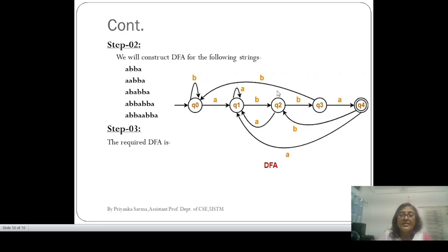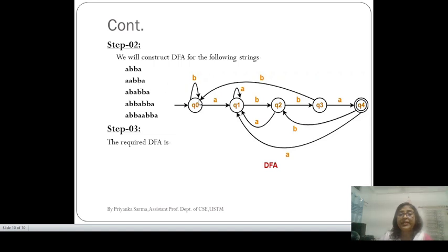Similarly, next string is AABBA. We have to check whether this machine can accept AABBA or not. The first symbol is A, so the Q0 state can accept A and move to its next state. Next symbol is again A, so Q0 can accept A and remain in its own state.